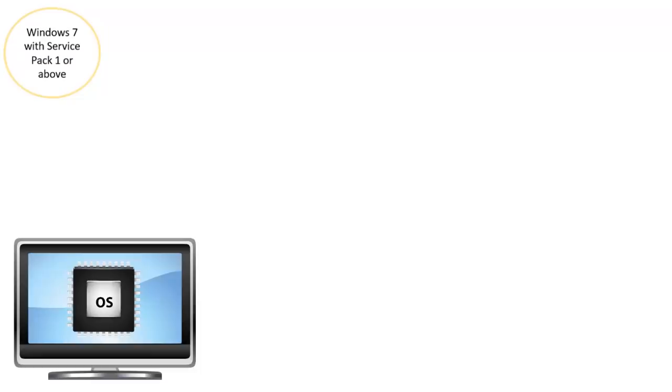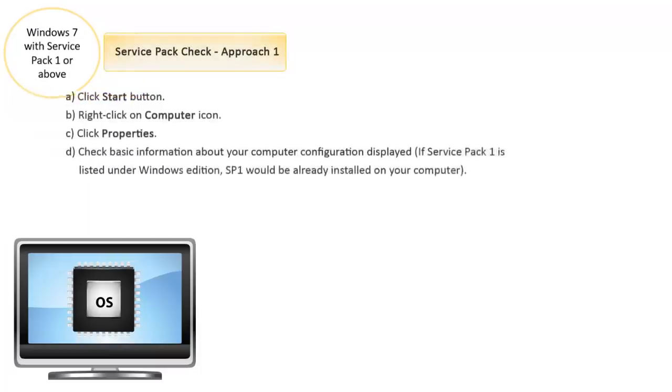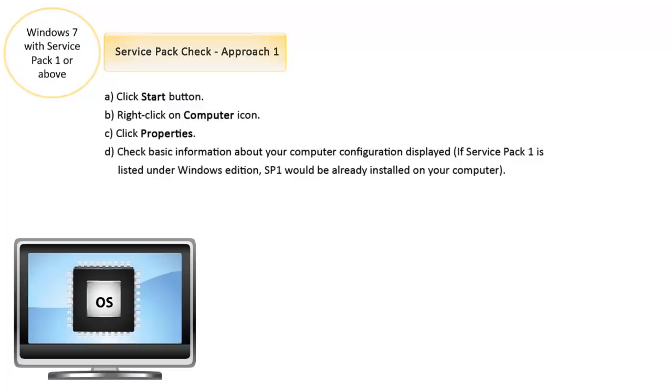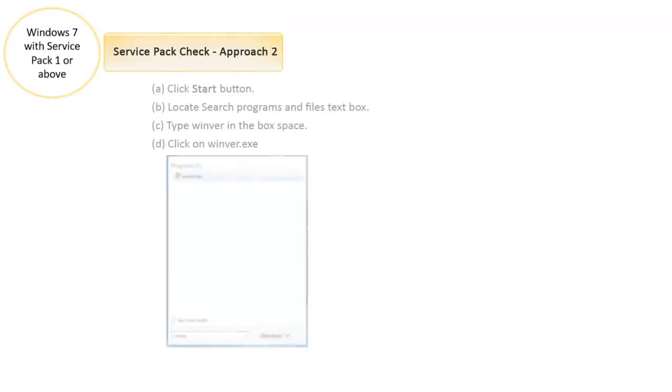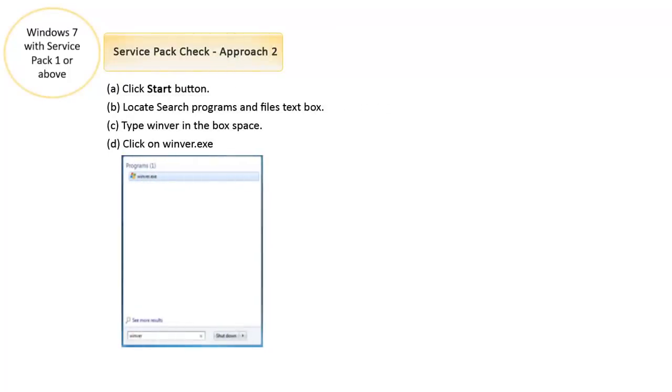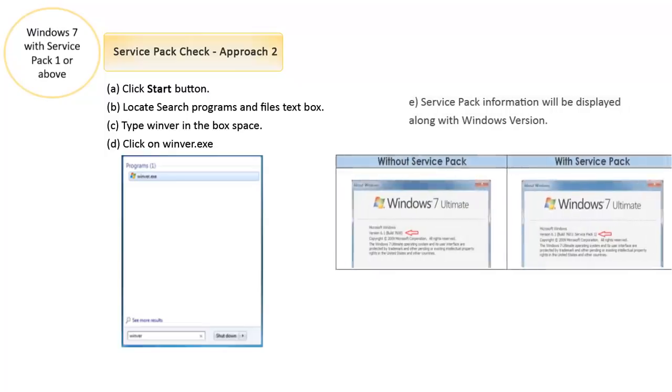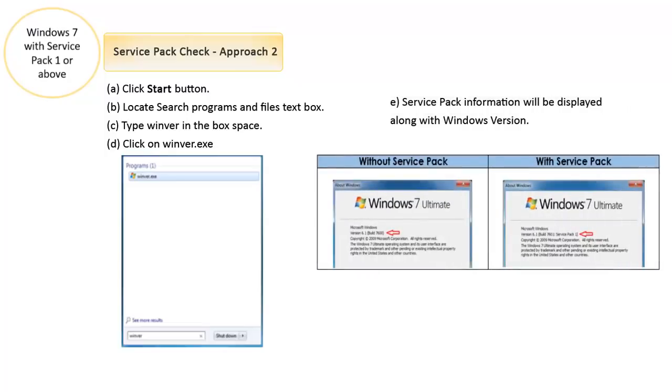There are 2 approaches to determine the service pack installed. For service pack check, approach 1. Read the below steps to execute the service pack check. The second service pack check approach is listed. Follow the steps mentioned below, and check the status of your service pack.